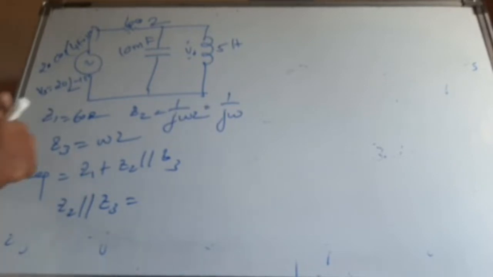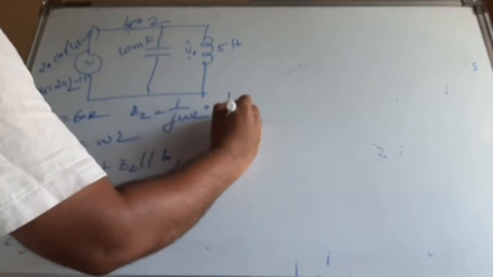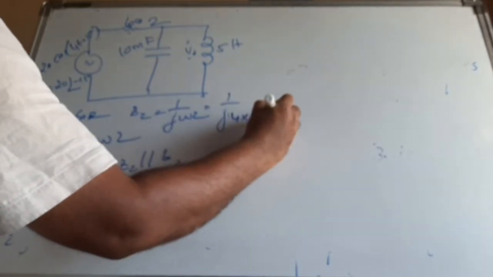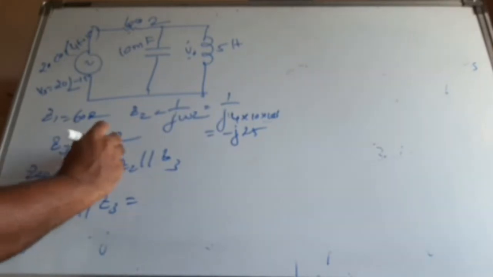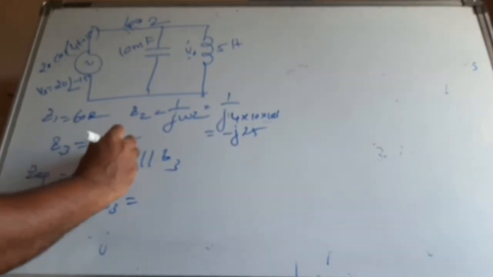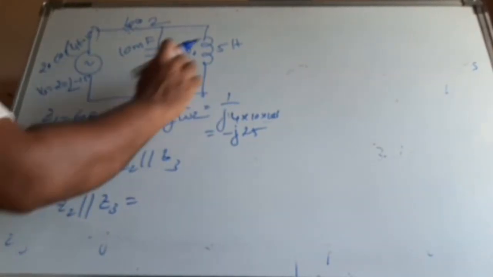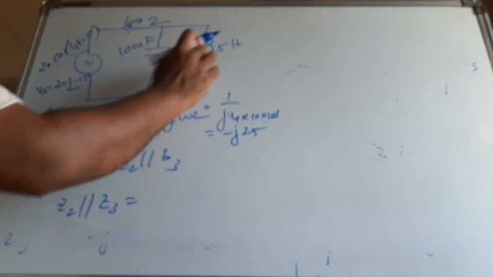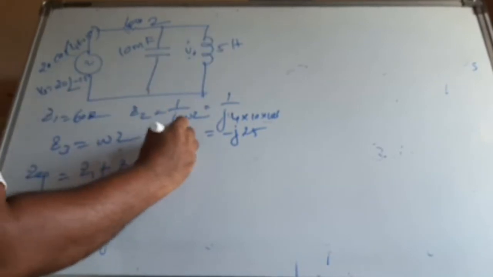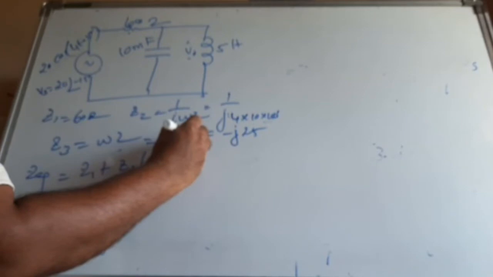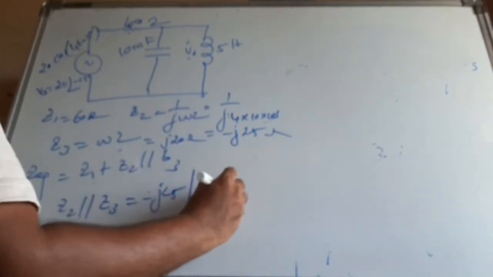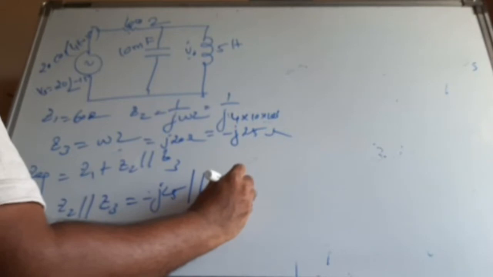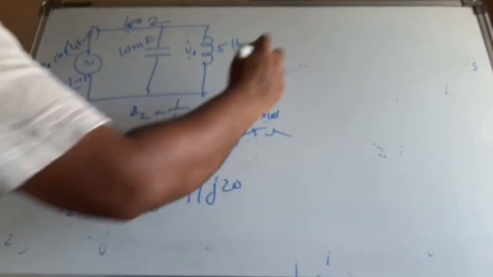Omega is equal to 4. So omega C gives minus j25, and similarly omega L is 4 into 5, which can be written as j20. So minus j25 parallel j20.